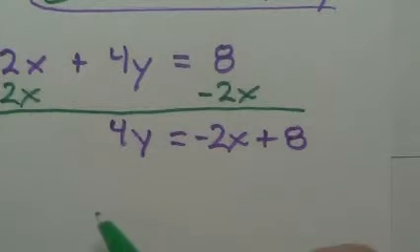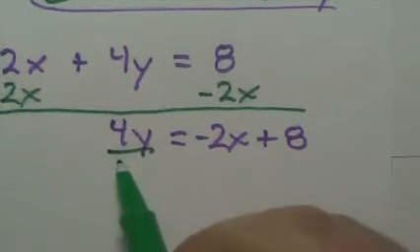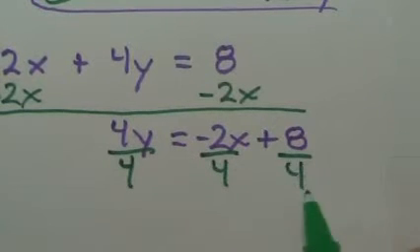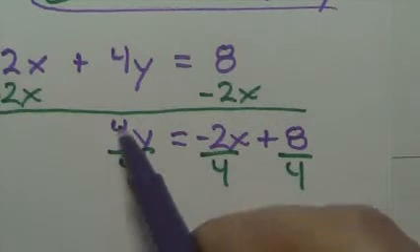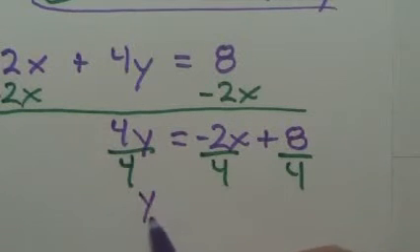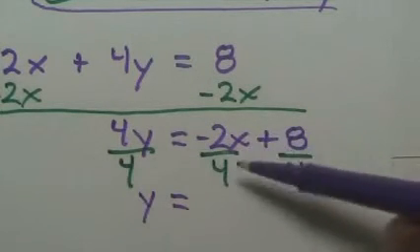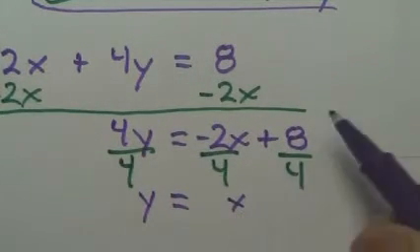Okay, now we divide. We did the opposite, now we divide. Divide by 4, but you have to do all of them by 4. Each term. So that leaves us with the letter y equals, let's take a look here. This can be reduced. 2 over 4 is 1/2.